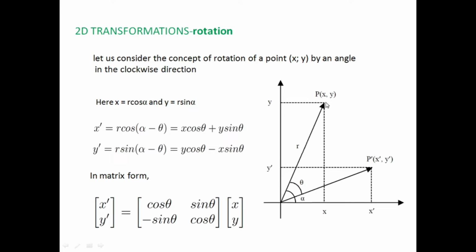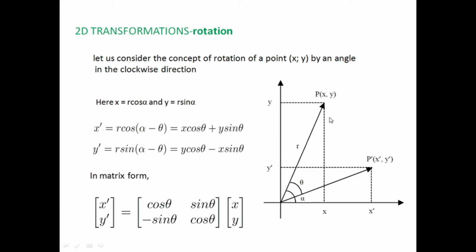Now I am rotating my point P by an angle theta in the clockwise direction, and we are also assuming that this theta is less than alpha. Alpha is the initial angle made by the point P with the x-axis.